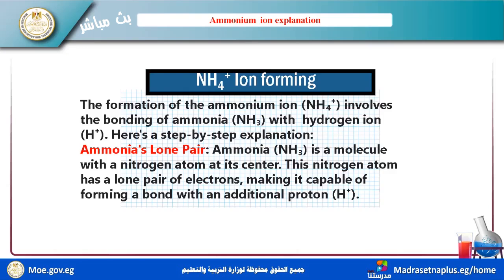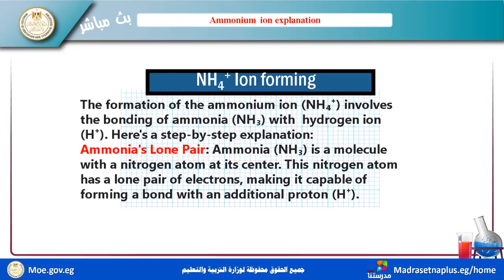I have NH4 positive, an ion forming the ammonium group, a polyatomic group. Its name is the ammonium group, NH4 positive. How does NH4 form? Now I have ammonia gas, NH3, when it reacts with HCl or H2SO4 or water H2O.